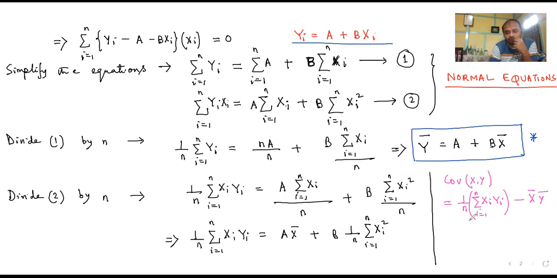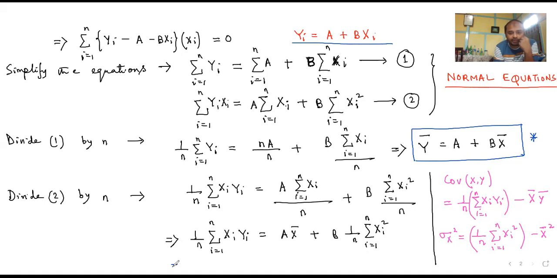This is the computational formula for covariance xy. And the computational formula for sigma x square is of the form 1 by n summation i goes from 1 to n xi square minus x bar square.